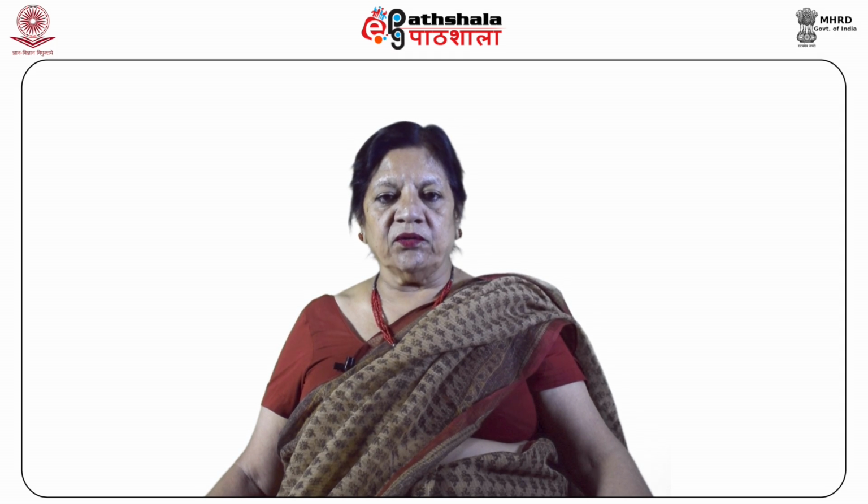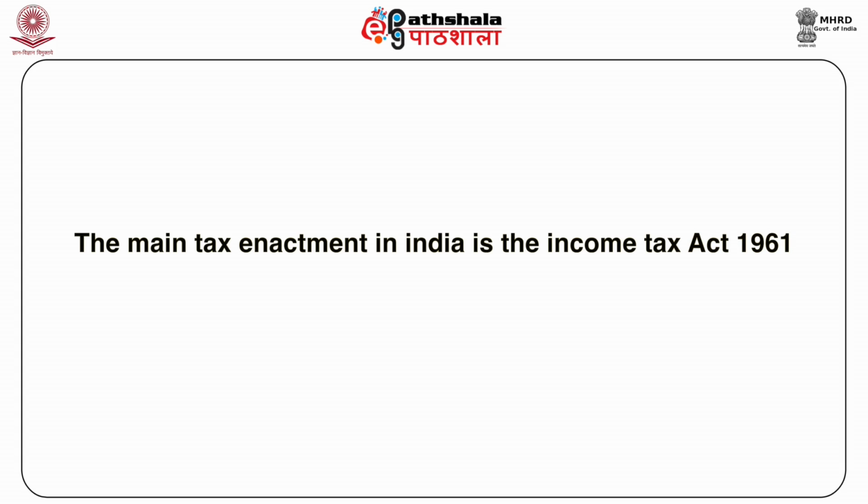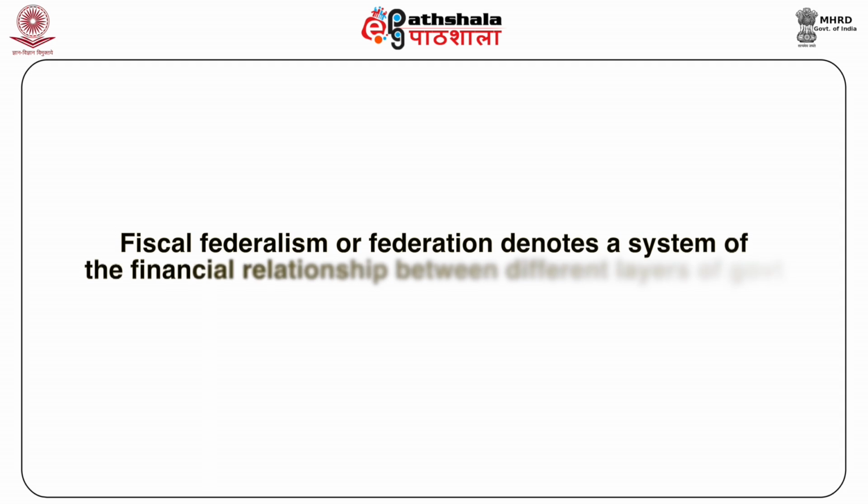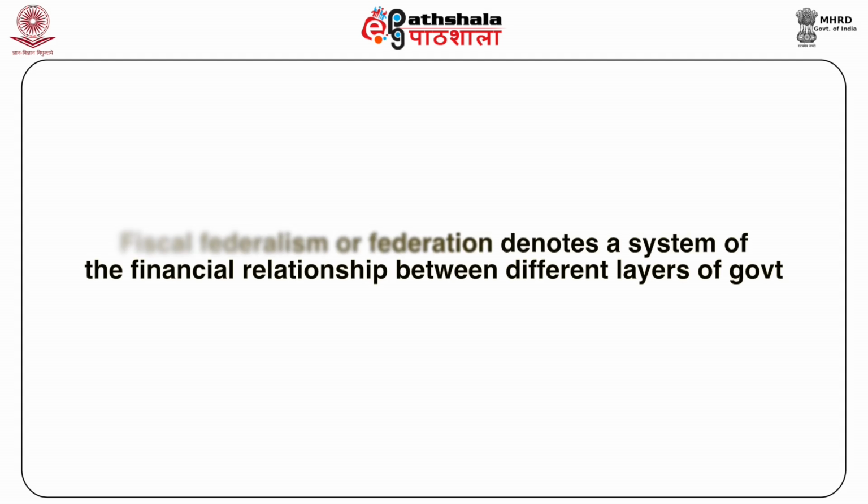Let us now summarize what we have learned in this module. The main tax enactment in India is the Income Tax Act of 1961, which is about to be replaced with a new act known as the Direct Taxes Code. Fiscal federalism or federation denotes a system of the financial relationship between different layers of the government, particularly center and state.